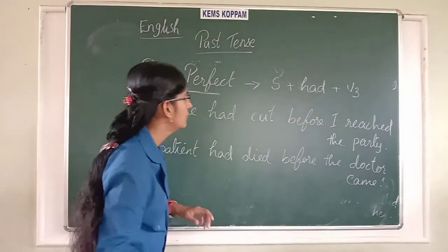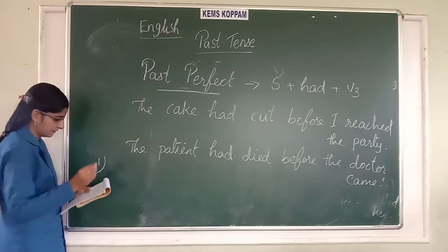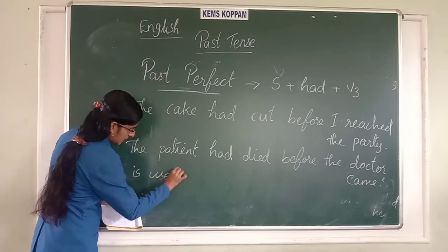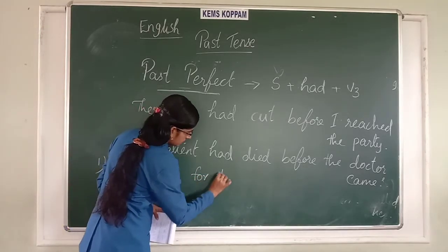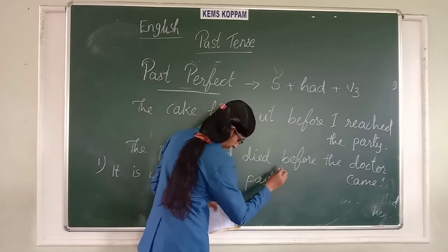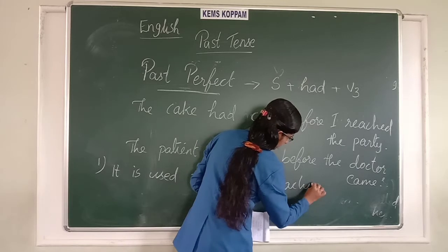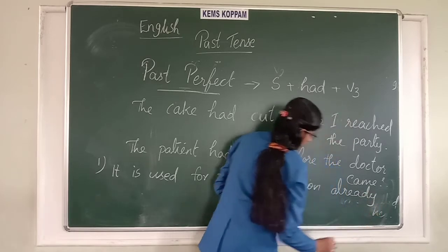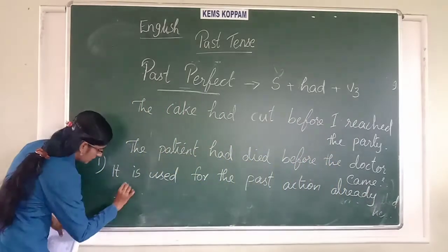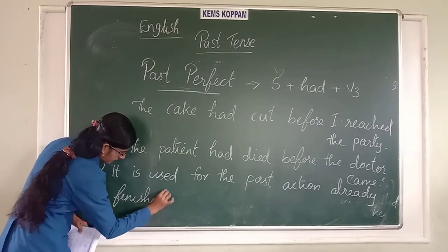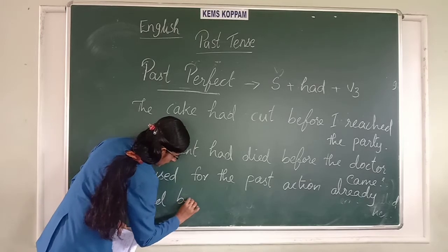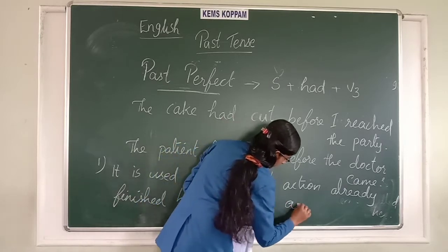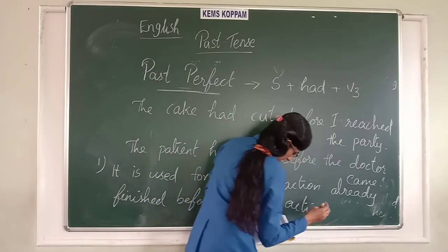When there are two actions and the first happened action, we have to write a past perfect. Okay, so the use of past perfect. What is the use of past perfect? It is used for the past action already finished before another action happens.